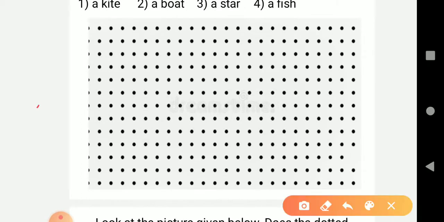I draw again the picture of kite. Okay, so it is also prepared with the help of pencil, with the help of green line.